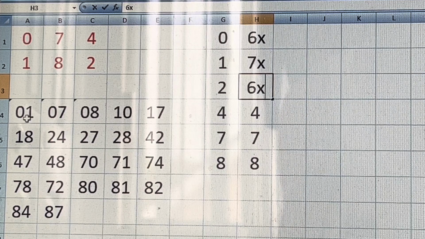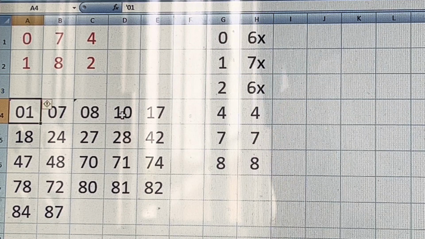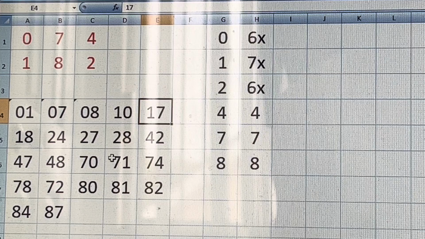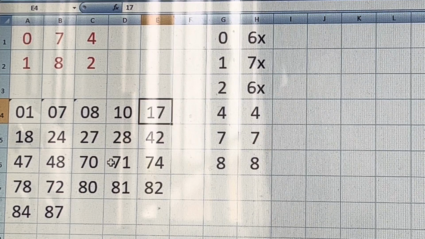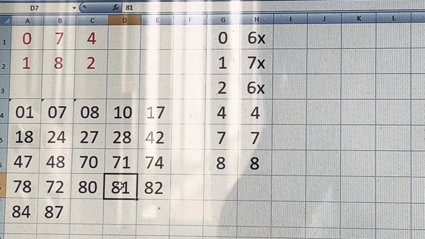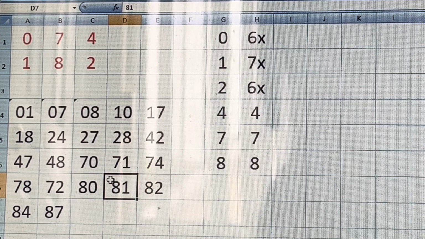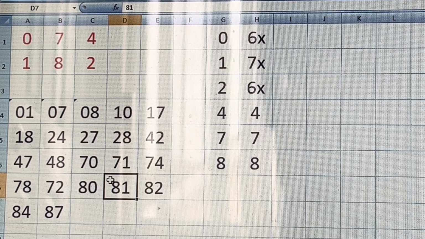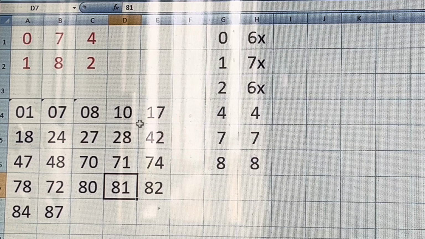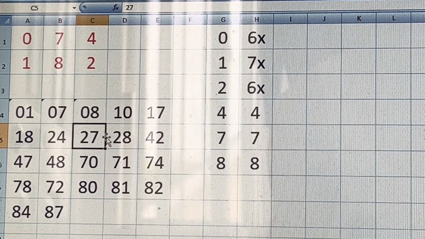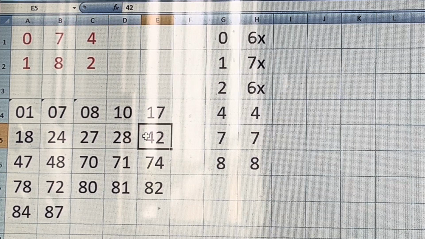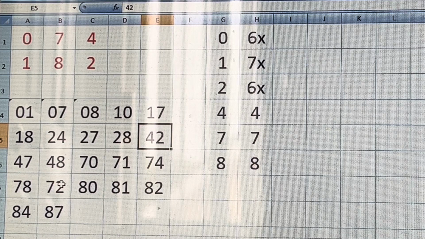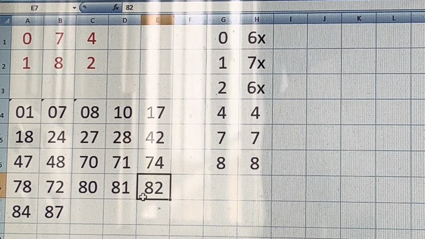Now, for digit 1, let's recalculate: 1, 10, 17, 18, 71, 81. For digit 2, let's recalculate: 24, 27, 28, 42, 72, and 82.